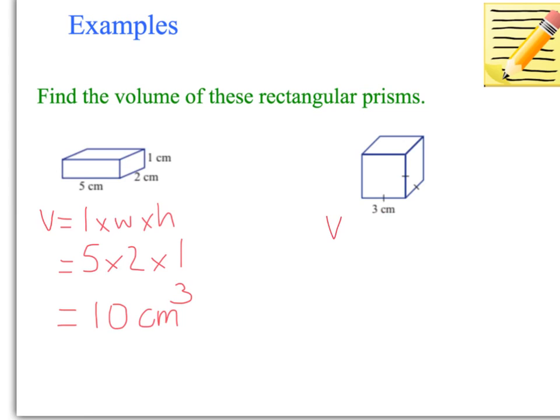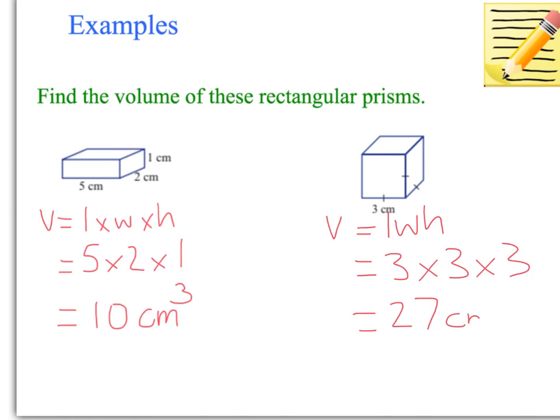So again, volume equals, now you can write length, width, height like that. You don't have to put the multiplication signs in. Putting them next to each other like that means you multiply them together. So it's 3 times 3 times 3. 3 3s are 9, 3 9s are 27. So it's 27 centimeters cubed.